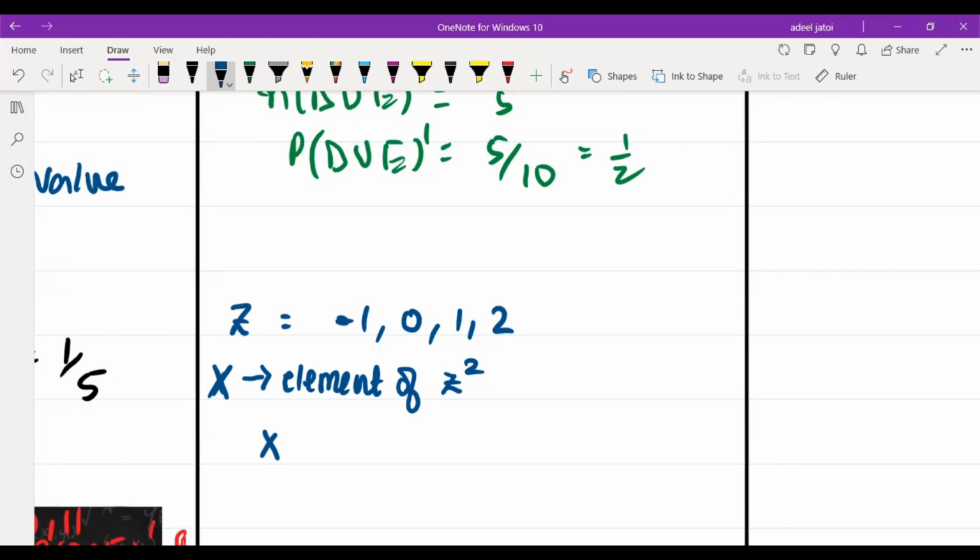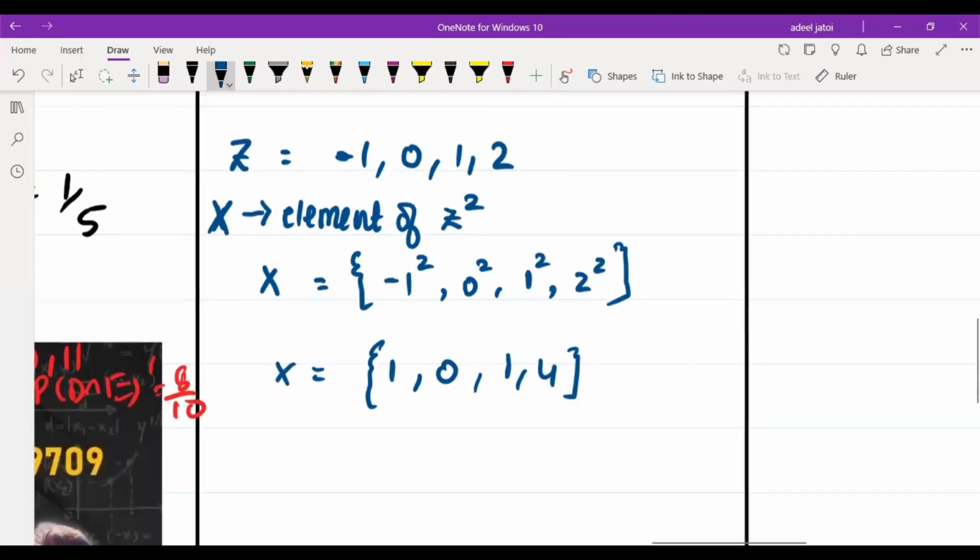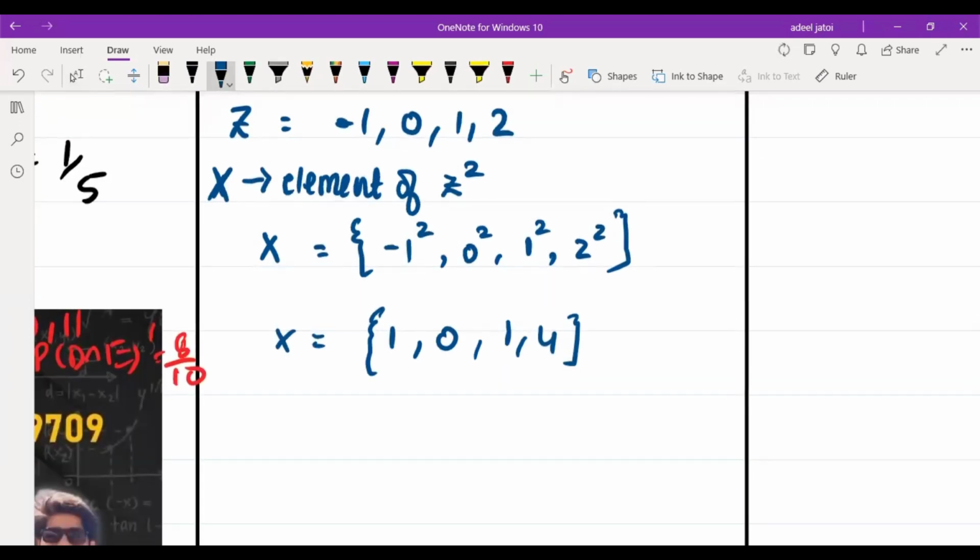So if the elements are of Z square, to find X I will be squaring all the elements of Z, which means this will be 1, 0, 1 and 4. Now you need to understand that 1 is written twice, because negative 1 square is 1 and positive 1 square is 1.